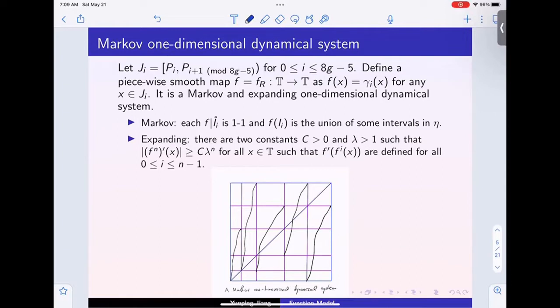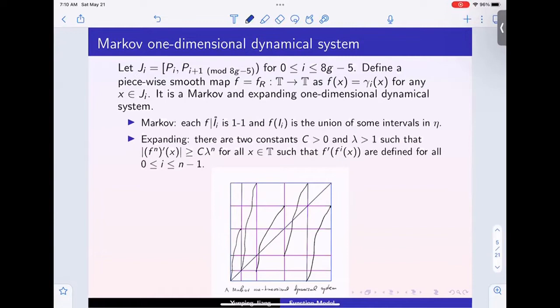This one is from probability theory, also in dynamical systems, right? So now, what does expanding mean? Basically, expanding means the derivative is bigger than 1. But in our definition, some derivatives may have absolute value 1, but if you iterate several times, the derivative will be bigger than 1.